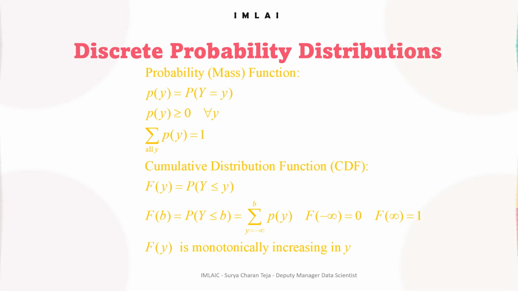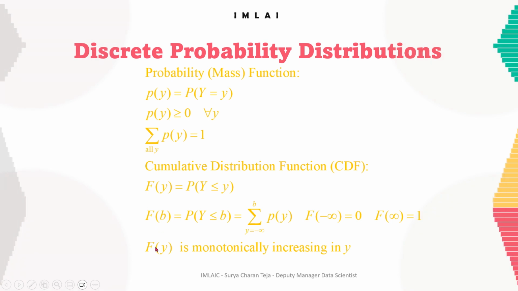So that is your probability mass function, and the same thing is applicable for the cumulative distribution function. This is pretty straightforward. Similarly, we are taking the same example, where a discrete random variable is capital Y, and here less than or equal to small y.